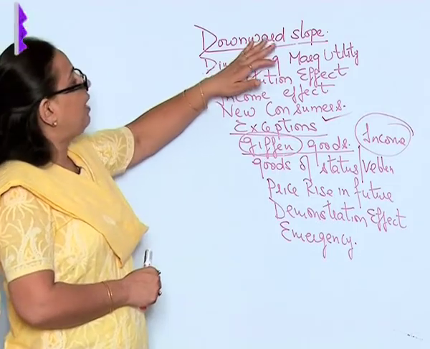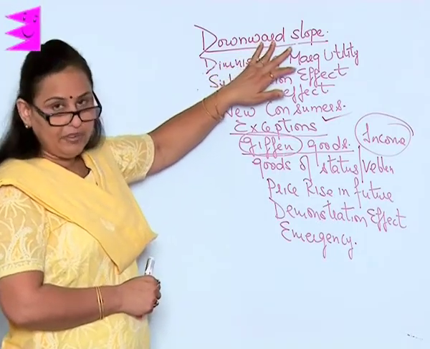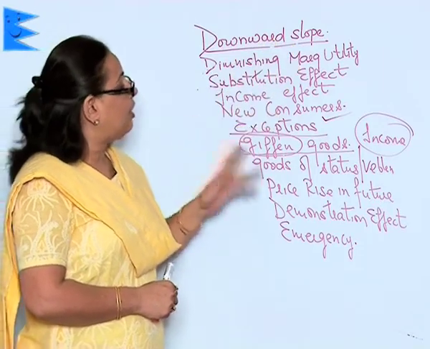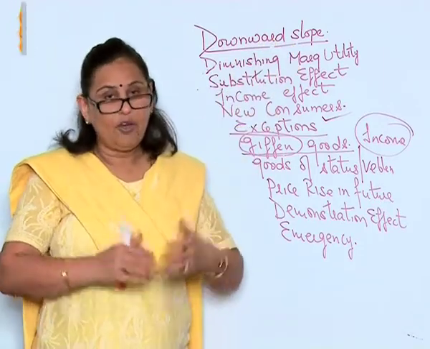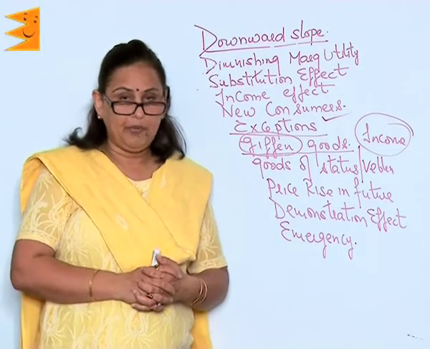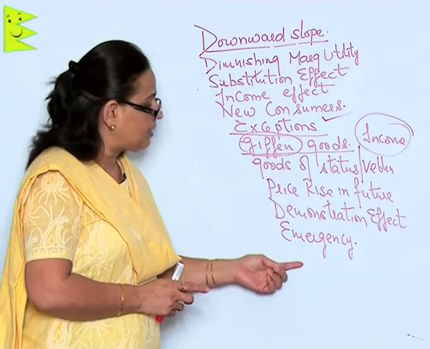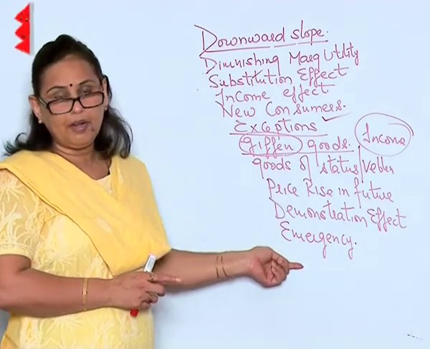So, the demand slope is always a downward slope because of the inverse relationship between demand and price, but these are the exceptions to the law of demand.